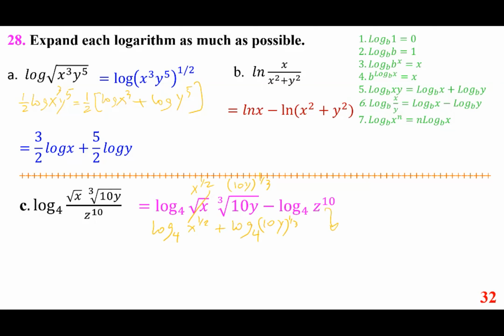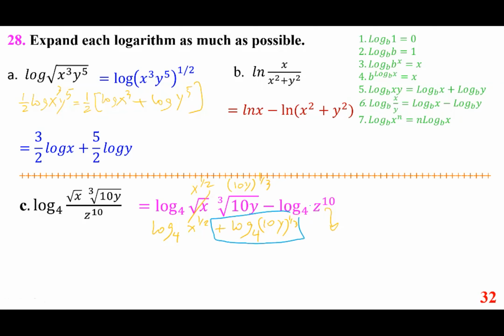So what happens is, this one, 1/2 sits in front, 1/2 log x base 4. This one is 1/3 log base 4 of 10y. I want to show you what happens to this one, minus 10 log base 4 of z. This one, here's a different color.